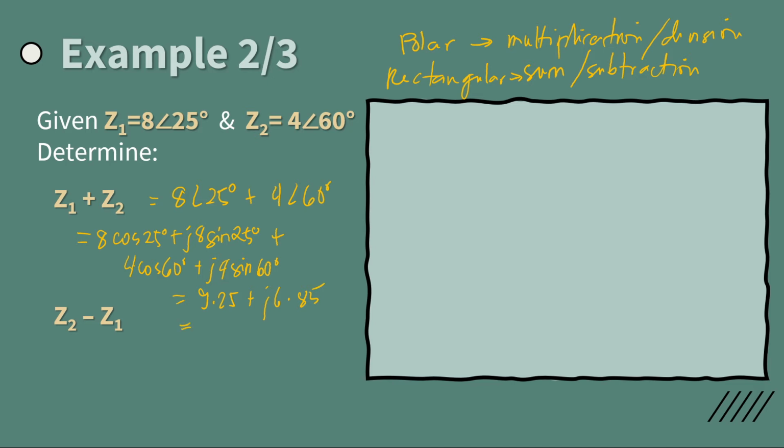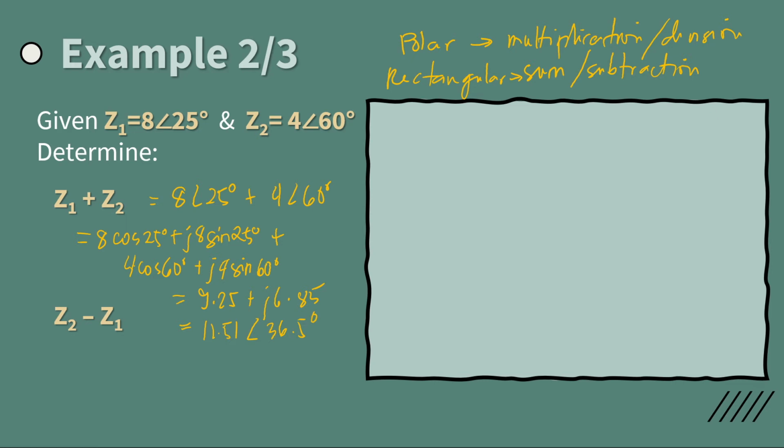You simply take the Pythagorean theorem: 9.25 squared plus 6.85 squared, and then take the square root of that sum. That's your r, and then you get the theta. If you do that, you will have 11.51 angle 36.5.